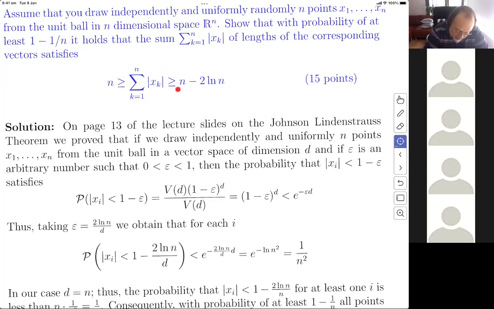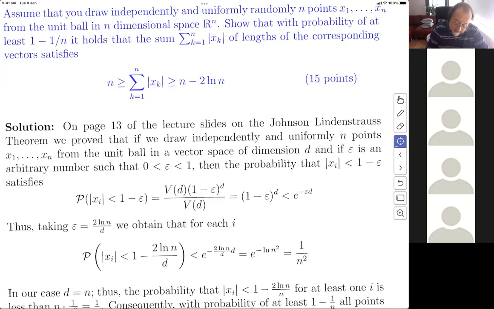But the tricky part is to show that this sum is very unlikely to be small, namely that it is always bigger than n minus 2 times log n. And notice 2 times log n is minuscule compared to n, so this sum will always be very close to n.